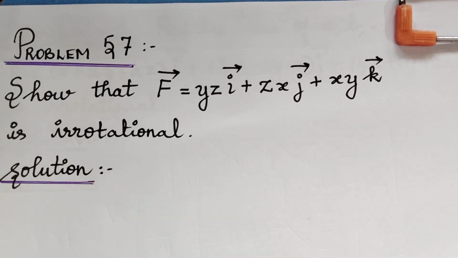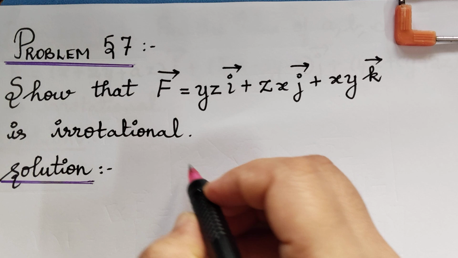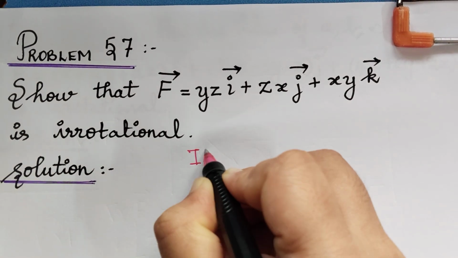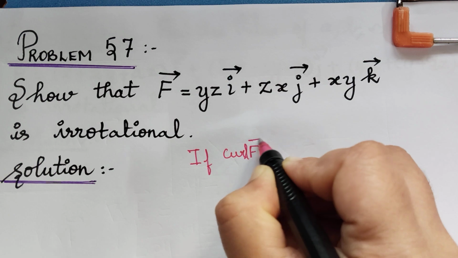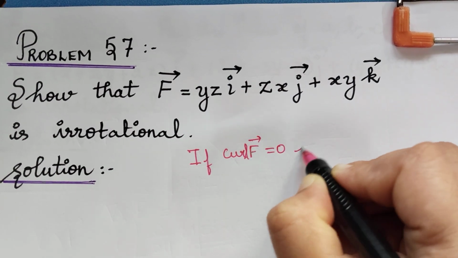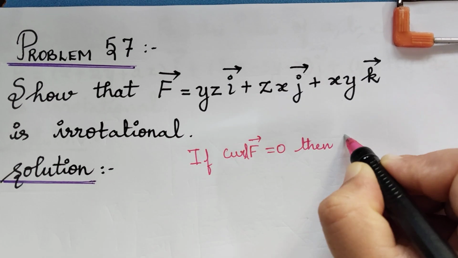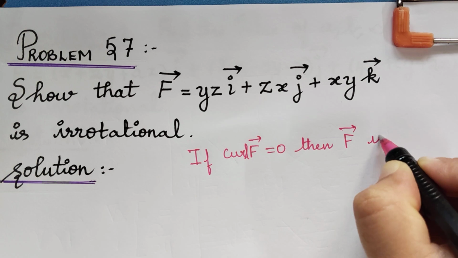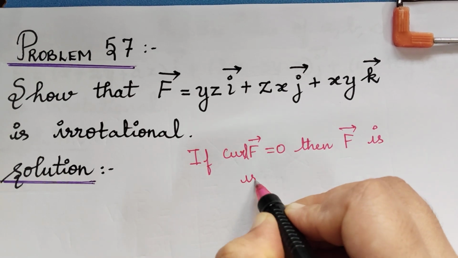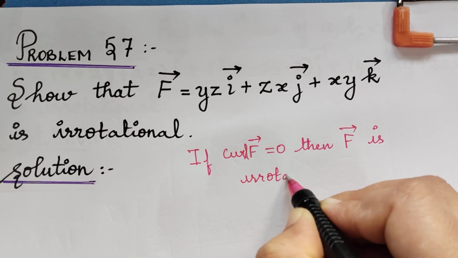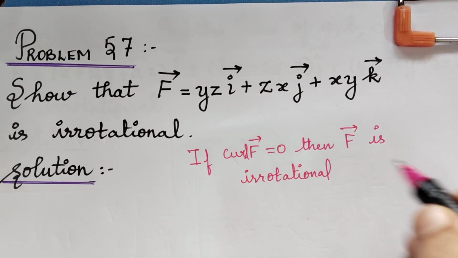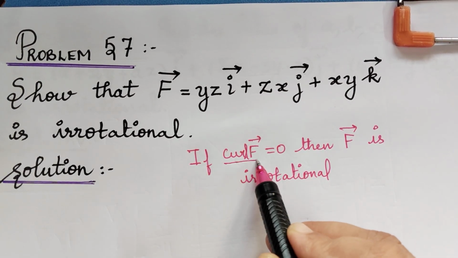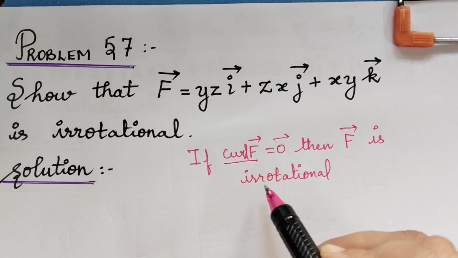Just now we saw that if the curl of f vector is equal to 0, then f vector is said to be irrotational. So we learnt this concept just now. Using this concept, we have to prove that the curl of f vector is equal to 0 vector.